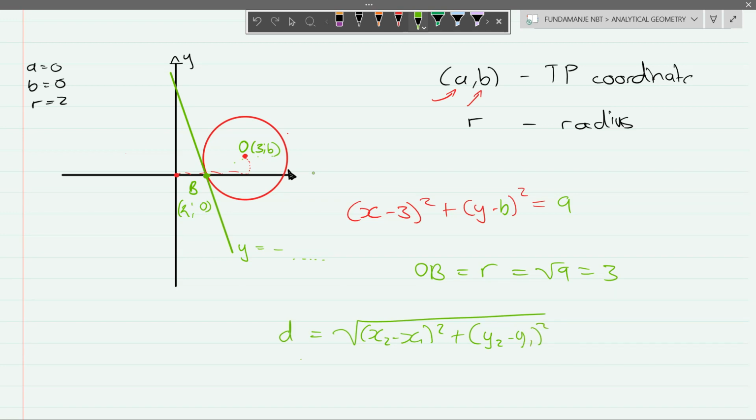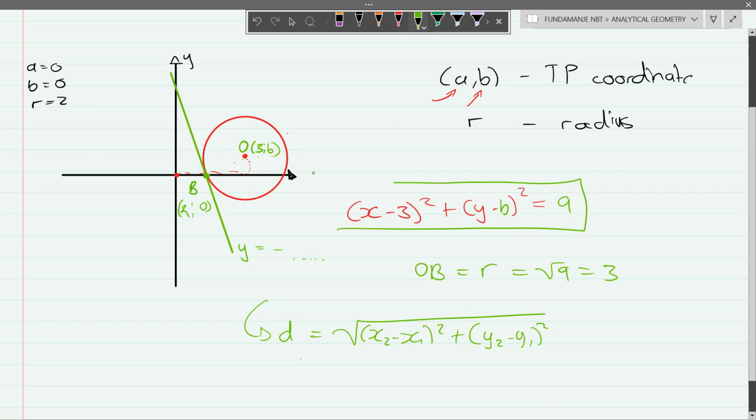Then you put that value in there and work out the unknown value for B. But remember that instead of going this long method, you can use the circle formula as it is, because once you have the coordinates for B, you can plug them into x and y and also solve for B. I'm pretty sure you can see the similarity between the distance formula and the circle formula.